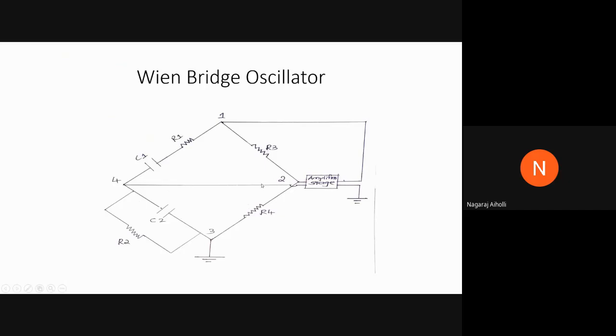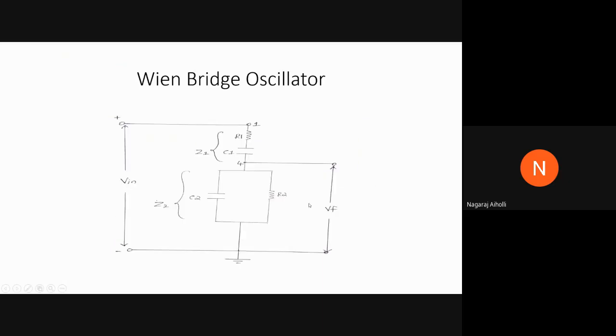That is applied as input to the amplifier stage. Terminal 2 is grounded, and between terminals 2 and 4 we have the feedback voltage applied as input to the amplifier stage.